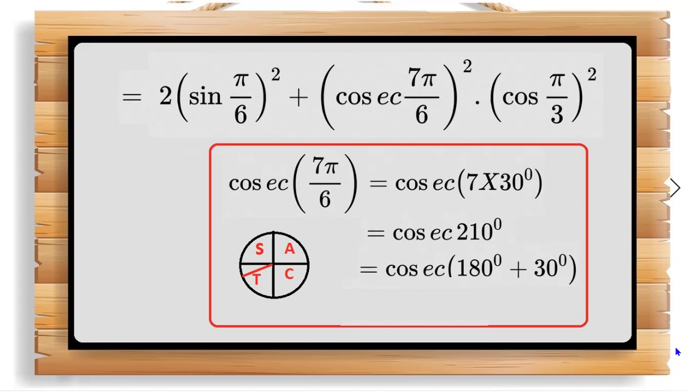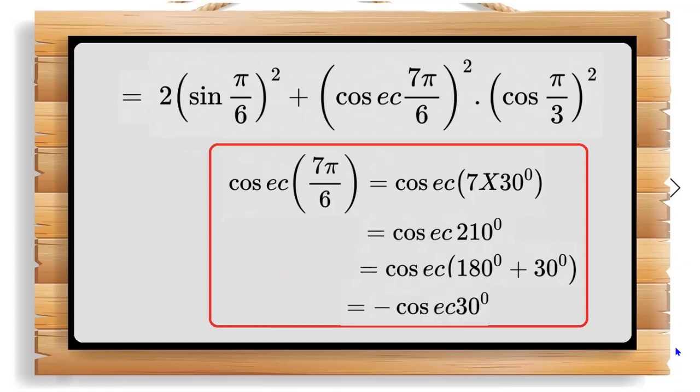Therefore cosec is negative, that's equal to minus, and it is 180 degree, it is 2 times 90 degree, an even multiple of 90, so the function will be the same, that's equal to cosec 30 degree. What is the value of cosec 30 degree? Cosec 30 degree is 2, and it's equal to minus 2, and this you have to find it. You can do it as a side work.